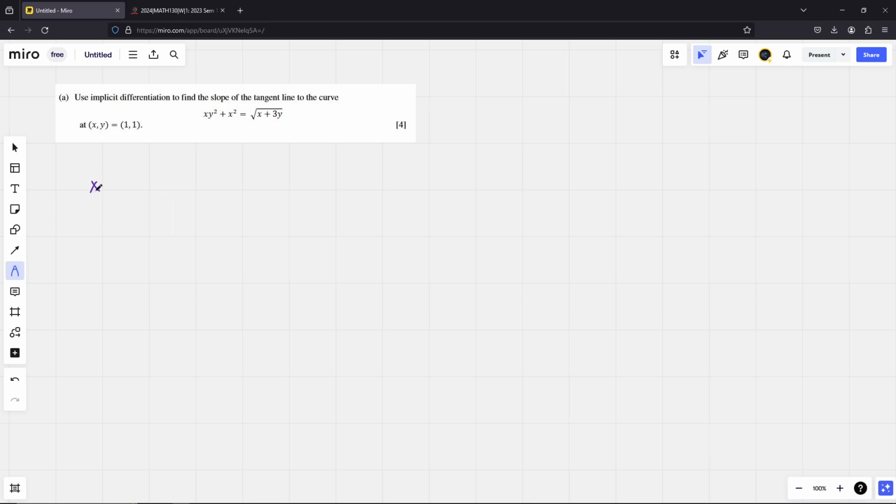So as always, leaving the first function, and let's think about the derivative of y squared. So d by dx of y squared is going to be 2y, and it's with respect to x, so I'm going to multiply by dy by dx.